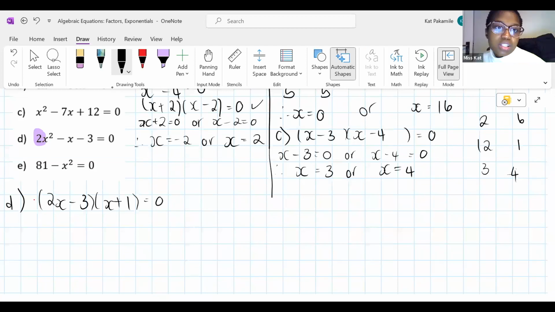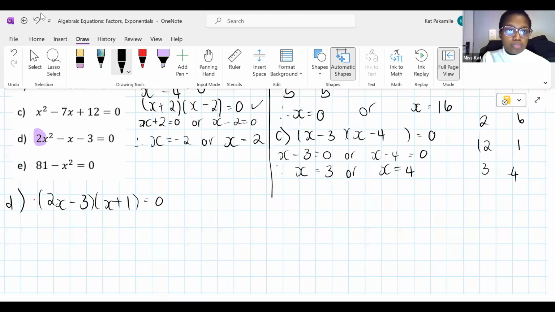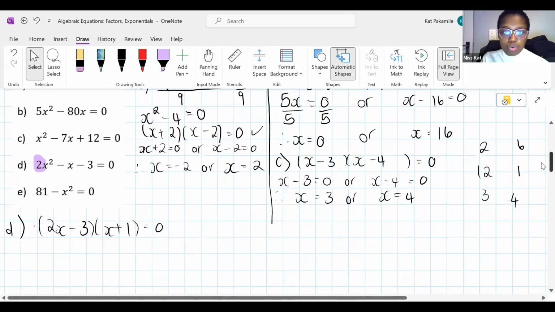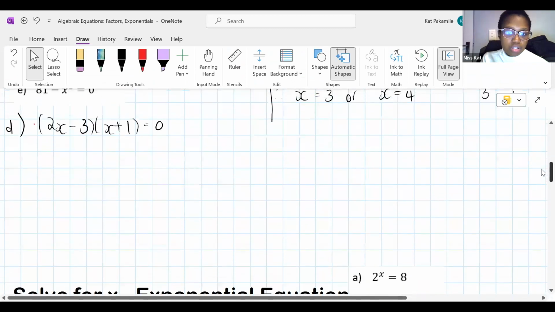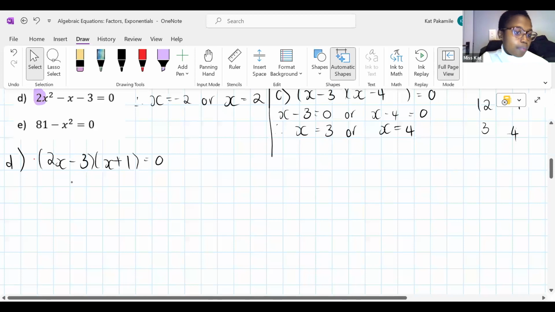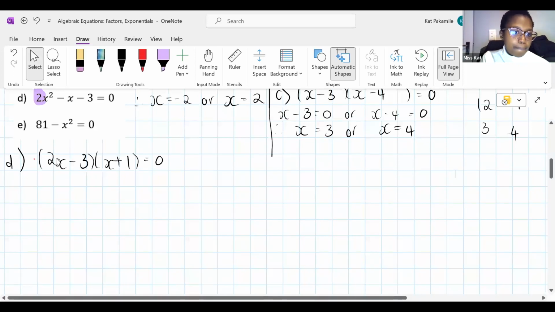Now that we have factors, what do we do from here? Remember our steps? Factorize, split, solve. So we factorized. What's after factorize?